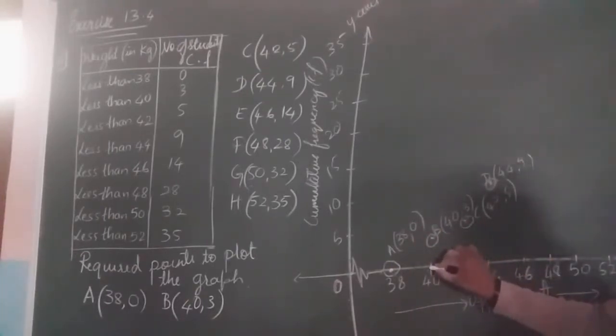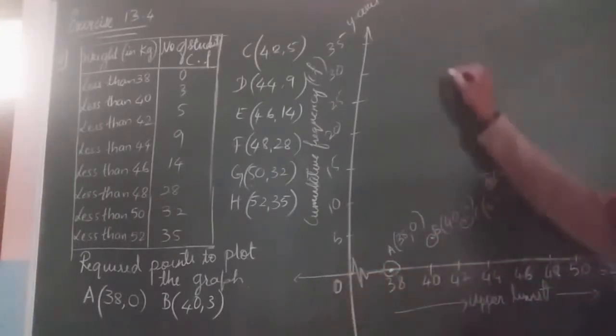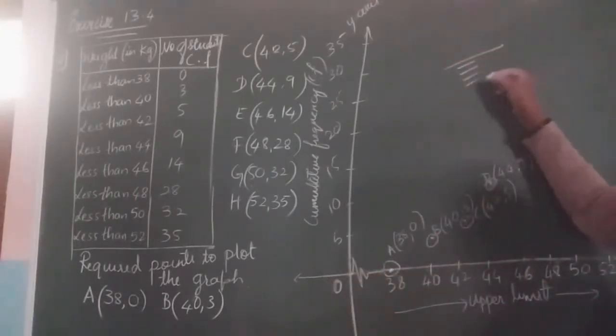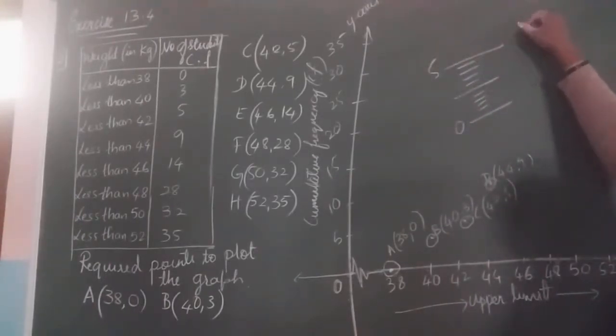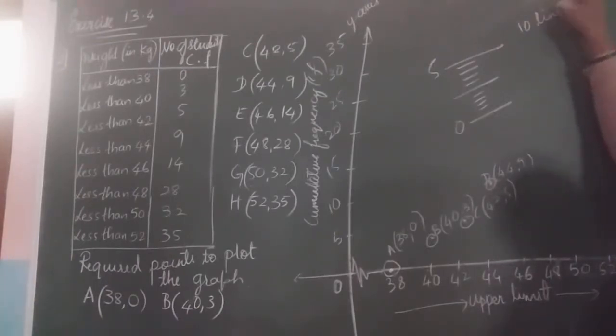Next, point B is 40 to 3, that is 40 on the x-axis. For 3, how to take it, I told you just now. Take these lines, it is now 0 to 5. So 10 lines is equal to 5. Then what will be the measurement of 1 line?